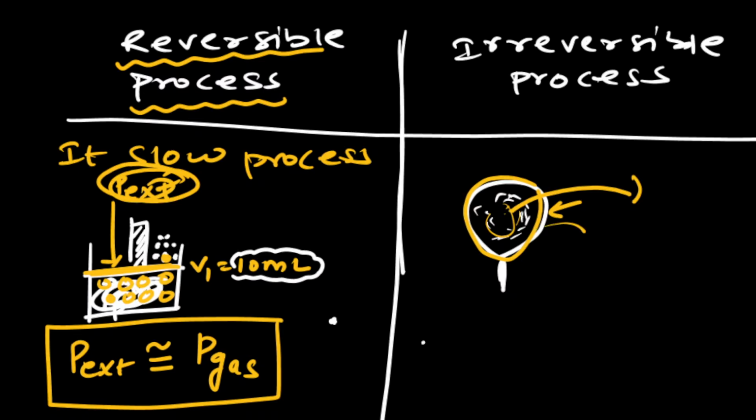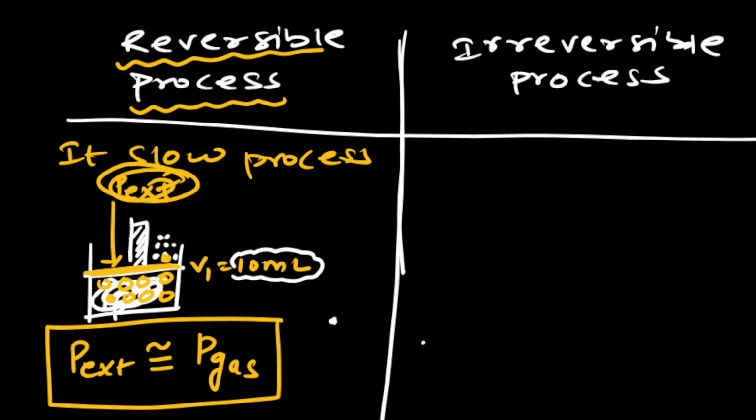So that's the reason irreversible processes are fast processes and cannot be reversed back. Now it is a fast process.